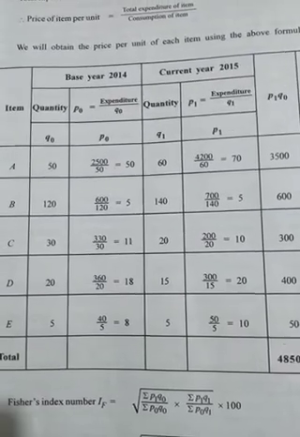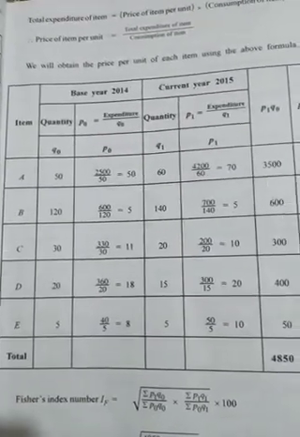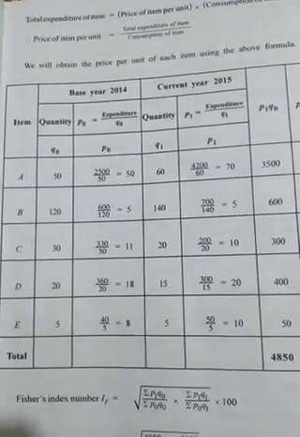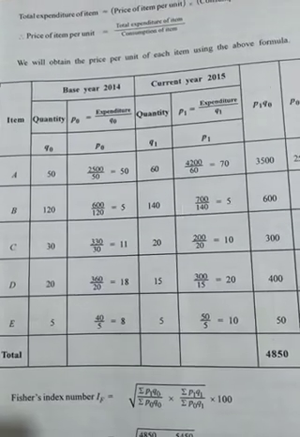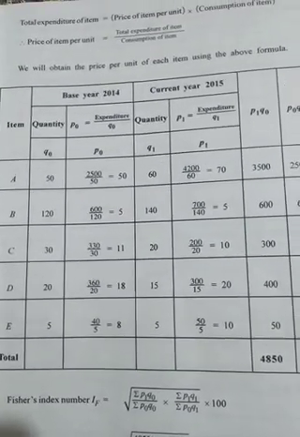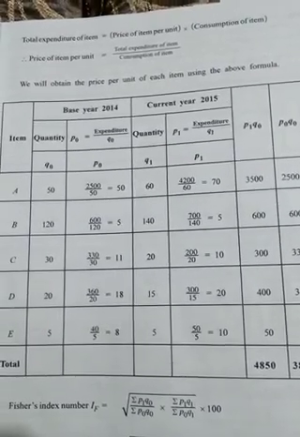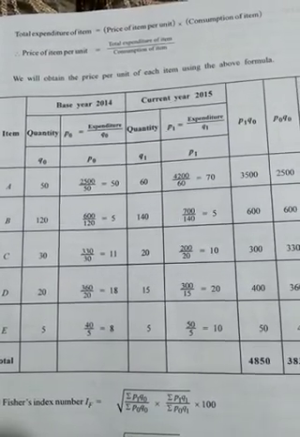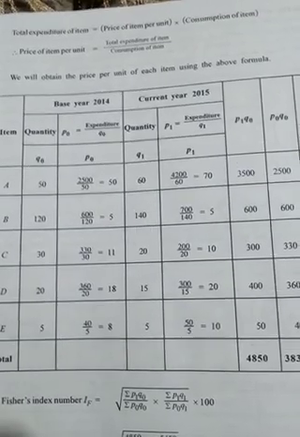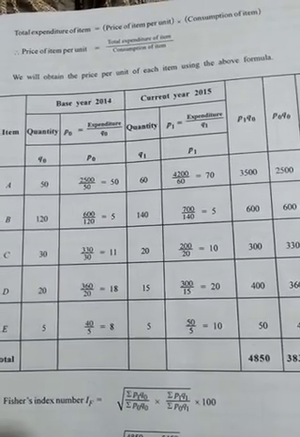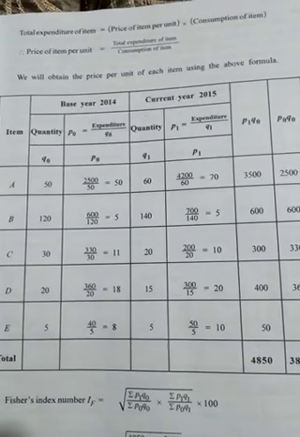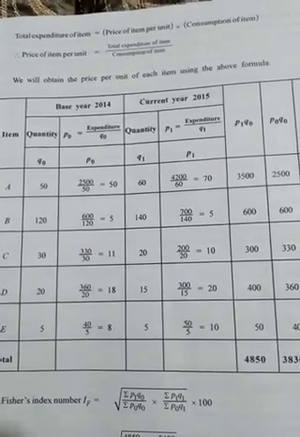Suppose, for example, you are buying 12 pens, each of rupees 5, 12 into 5 is 60. That means the total expenditure is 60. If you are buying 12 pens, 60 divided by 12 is 5 rupees. So per unit price is obtained like this.